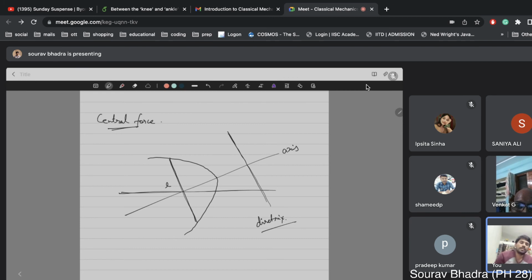So the position of a particle in the conic section can be defined by these properties. This is parallel to this line, and these are all parallel to the axis.